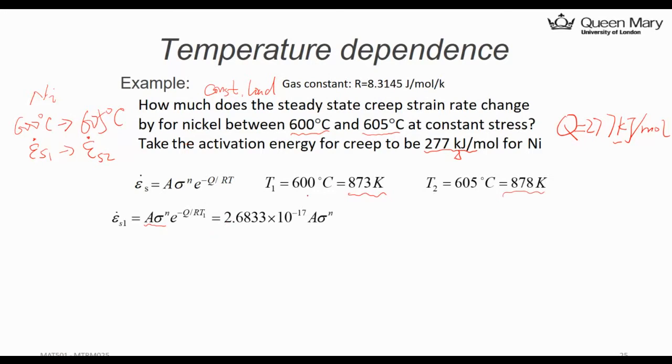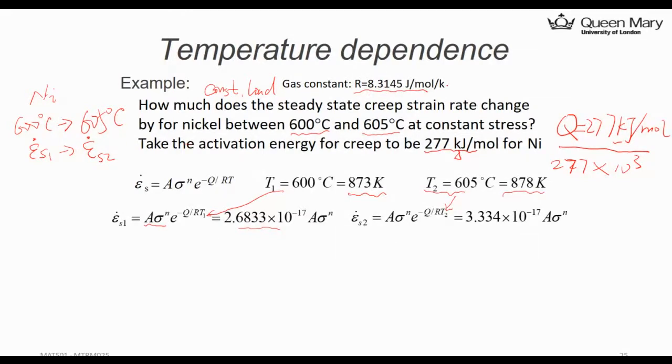And by substituting this temperature into here, okay, you get this equation. Similarly for this one, substitute that and the Q here, which is 277 times 10 to the 3, to here. And the gas constant is normally given, which is joule per mole per K, capital K here. So you get this answer.